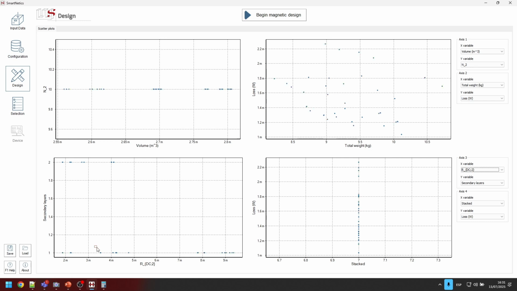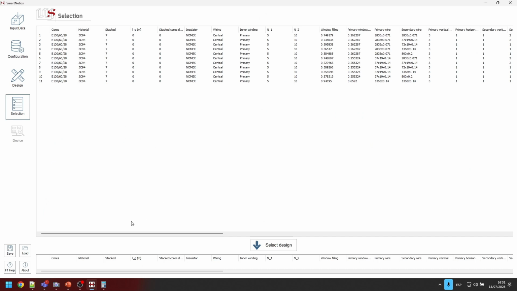So I will keep all of these as possible designs, because I don't really know the exact resistance we would expect, okay? Now that we have only a small number of possibilities, and we know that all of them match the physical measurements we did, we can go to the next step, which is selection, to see the differences between those possibilities. As you can see, the geometry is fixed, because this is the one we measured.